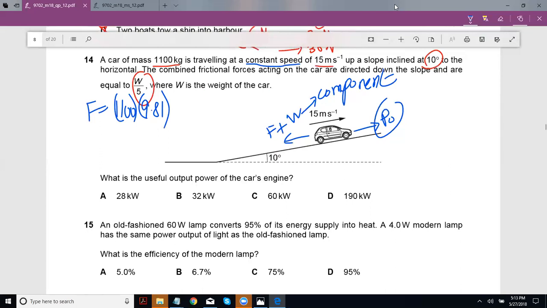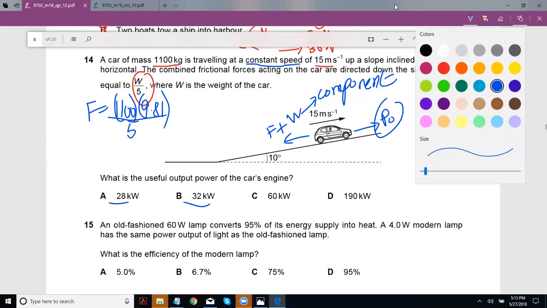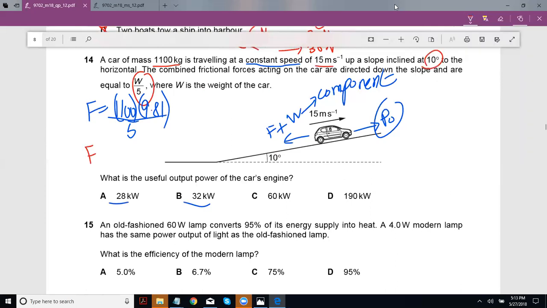I just stick to 9.81, because the two are pretty close together. So this should give us our frictional force: 2158.2 newtons.